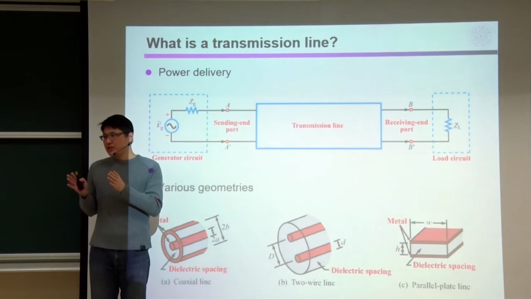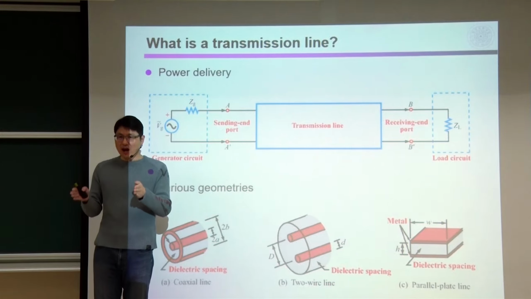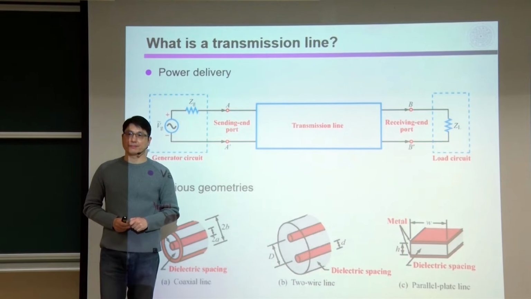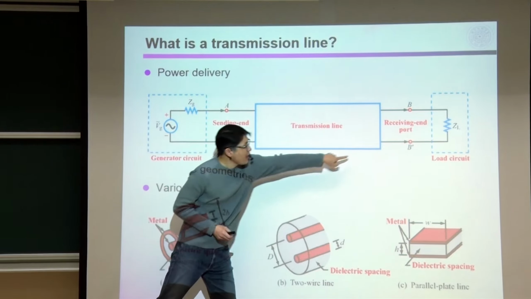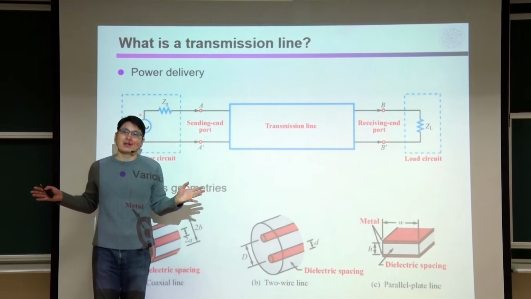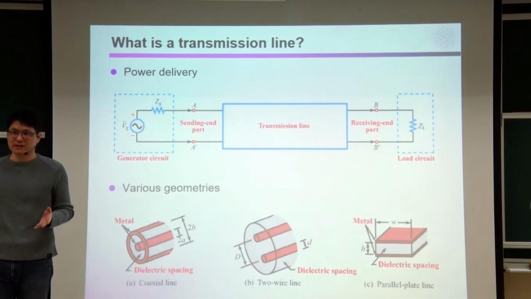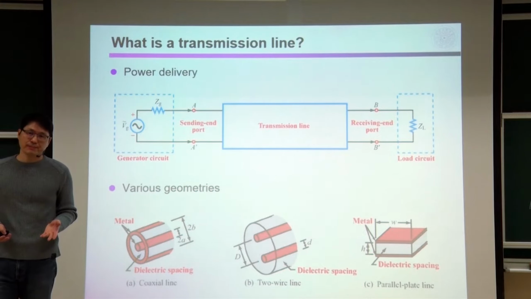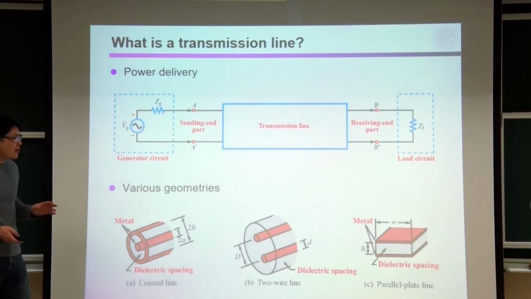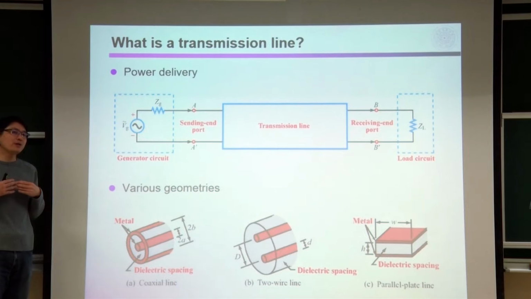So the main question is, over a long distance, meaning this length can be very long, a few hundreds of kilometers or even thousands of kilometers. In that case, we don't really know how to solve this system.